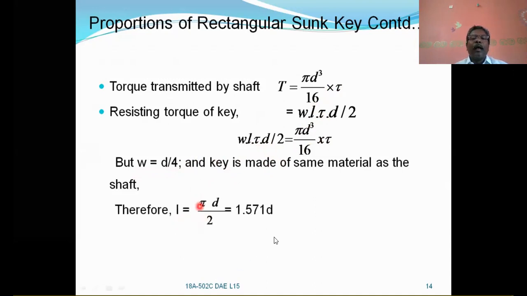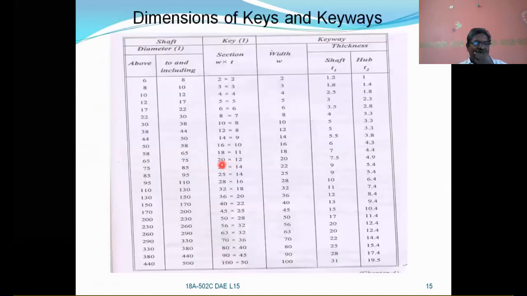So then, with W equal to d by 4, L becomes pi d by 2, which is nothing but 1.571 d. L is equal to 1.571 d.